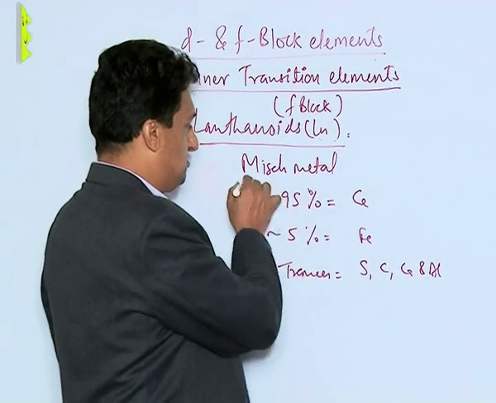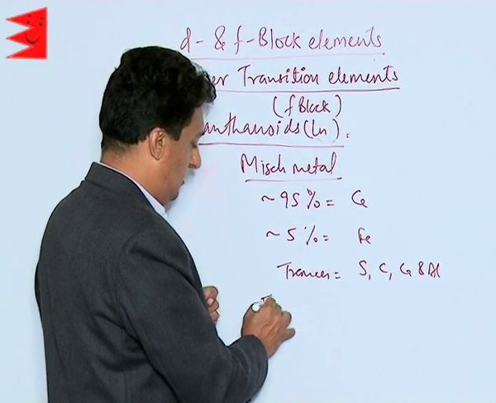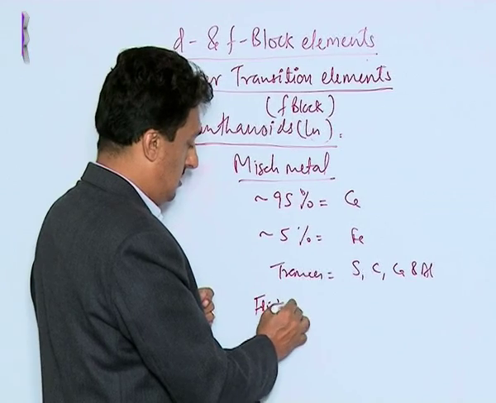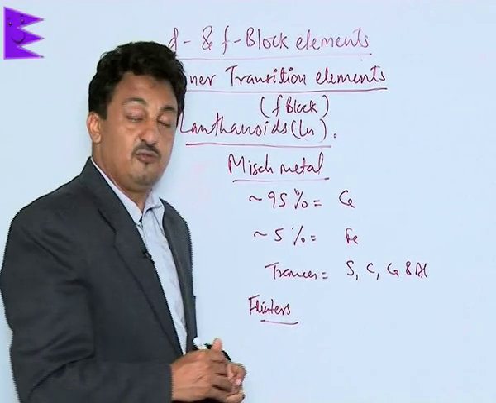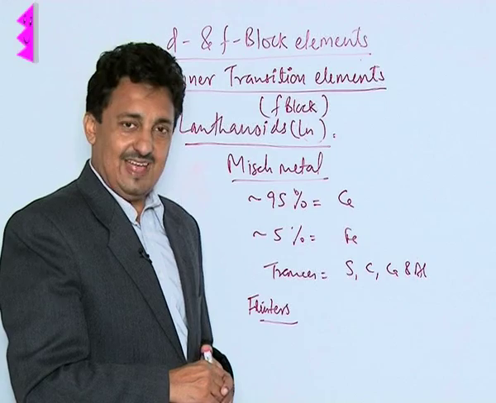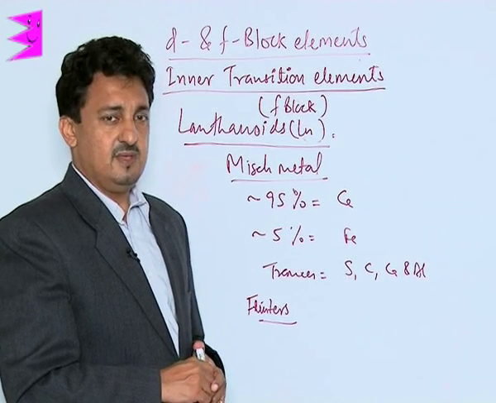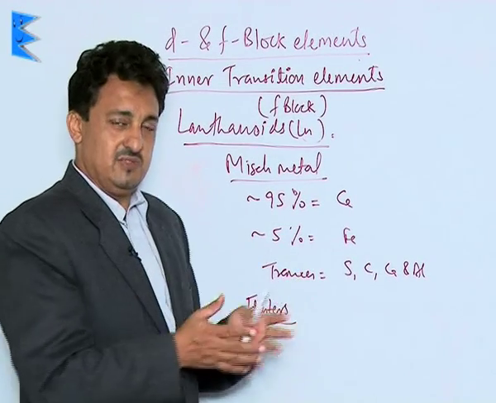This misch metal is used in making flints of bullets, gas lighters, etc. So this is one of the major uses of the lanthanoids.